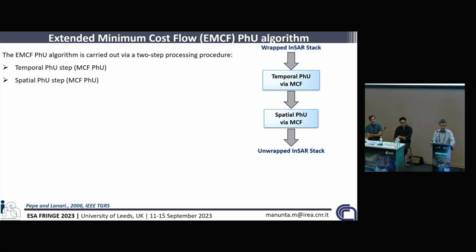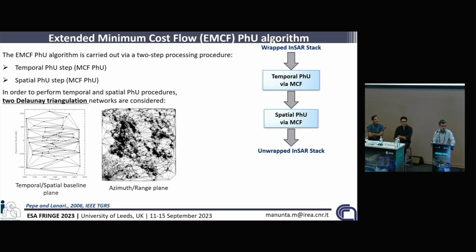The idea of the EMCF approach is to implement a cascade of 2 different phase unwrapping procedures, the temporal phase unwrapping and the spatial phase unwrapping. Both procedures are implemented by using the minimum cost flow approach. In order to carry out the temporal and spatial phase unwrapping, we have to build 2 different networks.